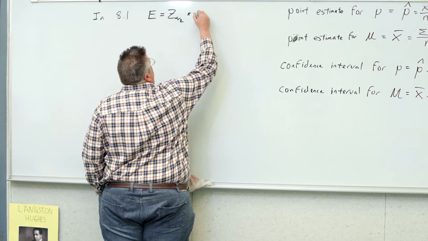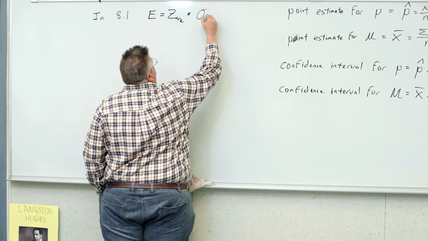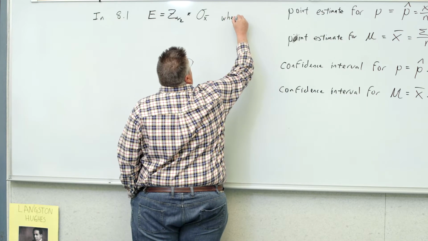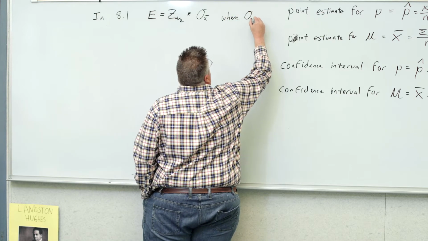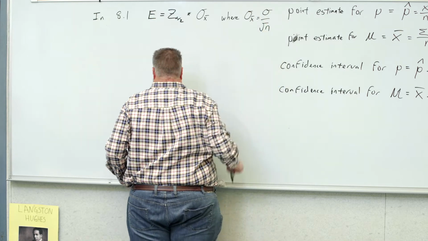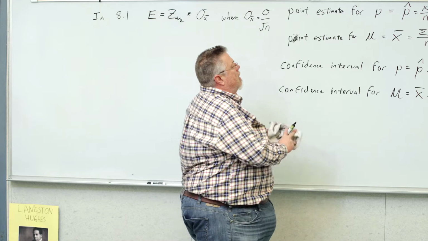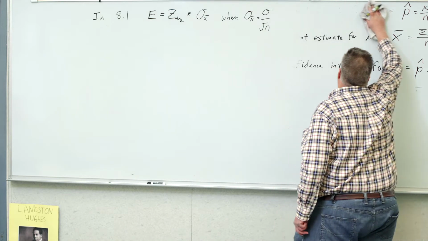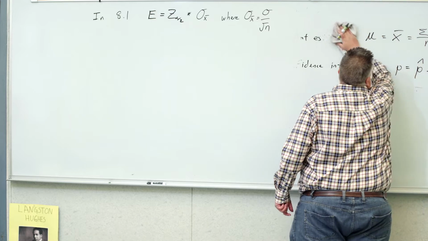times sigma of x bar, where sigma of x bar, we learned, is sigma over root n. And you could read through section 8.1, and they'll give you a bunch of problems.